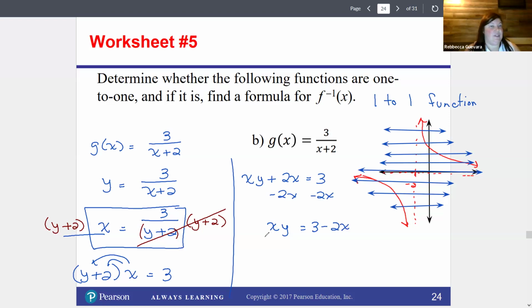Now I just need to get rid of this other x. So I'm going to just divide by it. So we get y is equal to 3 minus 2x over x, which then we could write as, oh, we had g originally. So instead of saying f inverse, we're going to say g inverse is equal to 3 minus 2x over x.